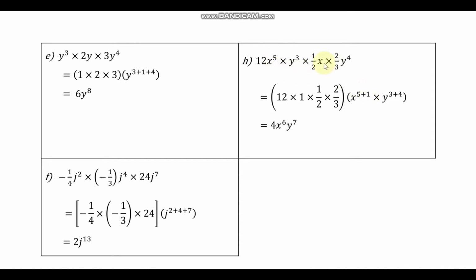The 1 here is from the x here. It doesn't have the value of index, so we have to put it as 1. Next one is y to the power of 3 plus 4. Close the bracket. From the first bracket, we have the final answer 4, followed by the second bracket. The 6 here is from 5 plus 1. And y to the power of 7. The 7 is from 3 plus 4.